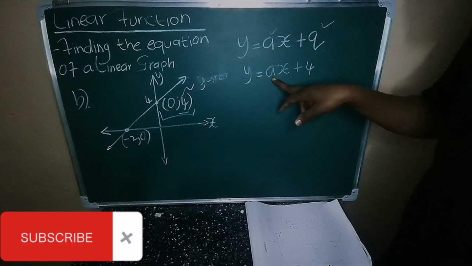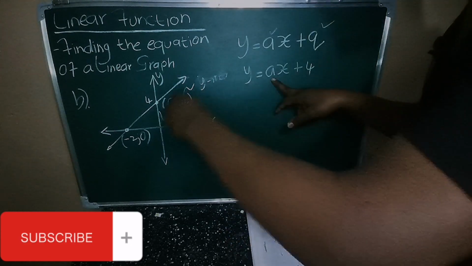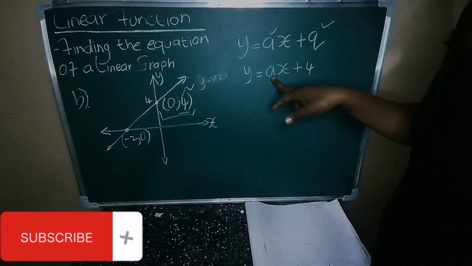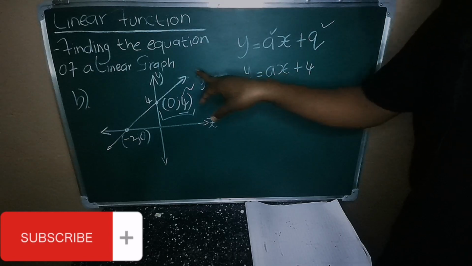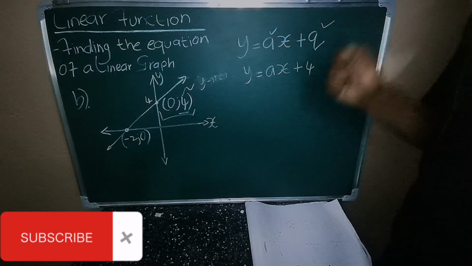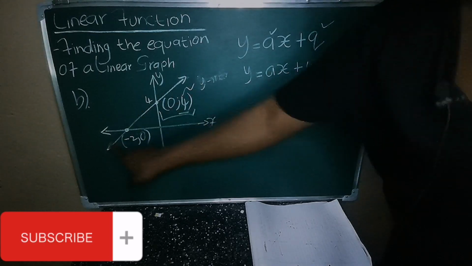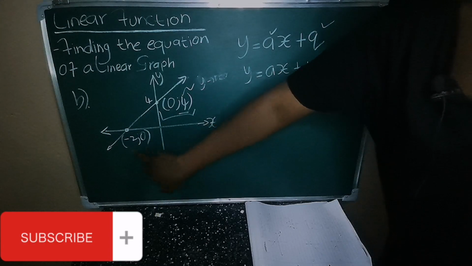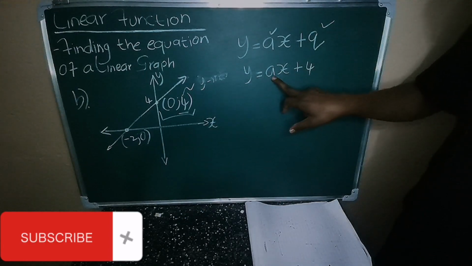Now, how do we find a? Remember, for a, you can use the coordinates of any point that lies on that straight line graph. And we've got negative 2 and 0. We can use these coordinates to solve for a.